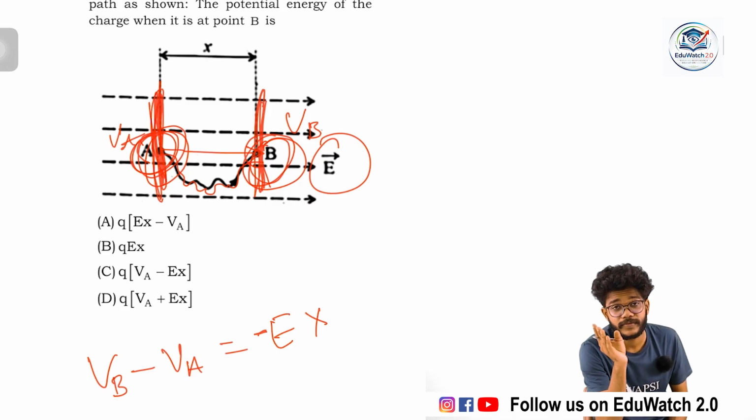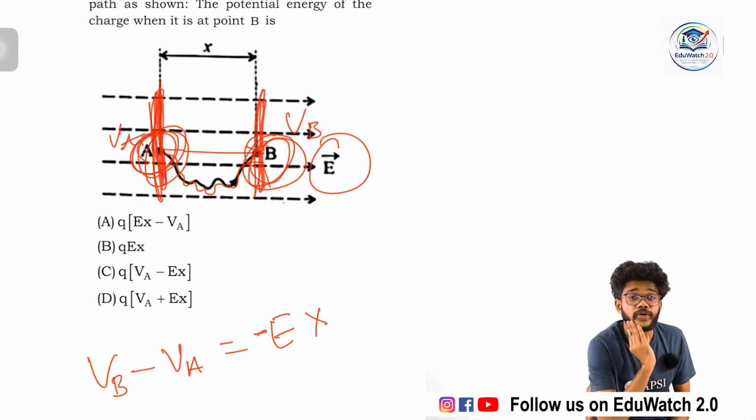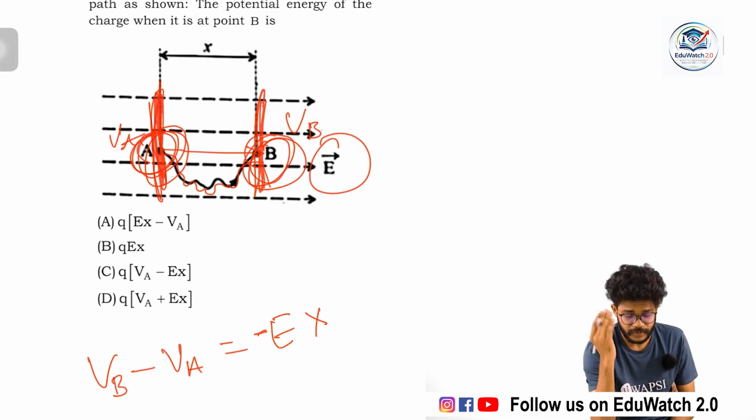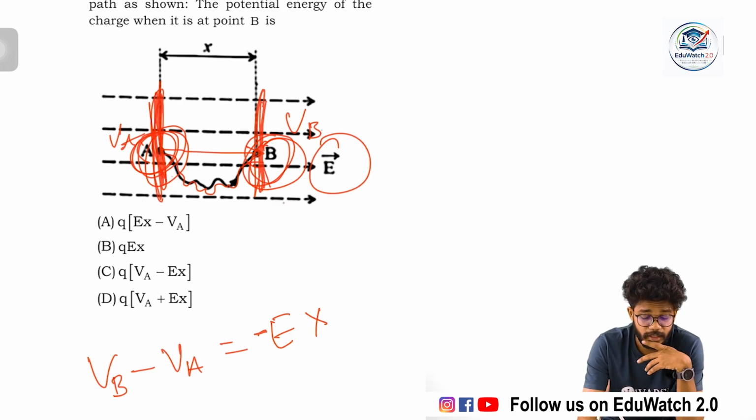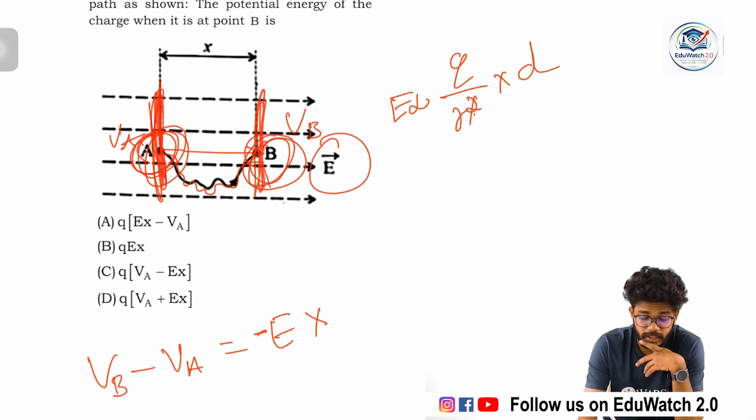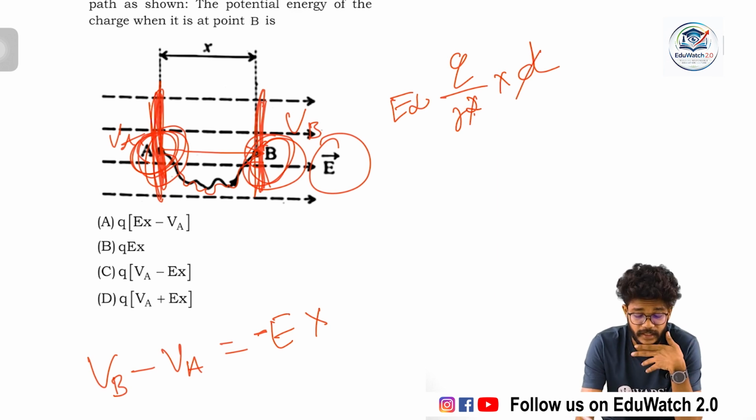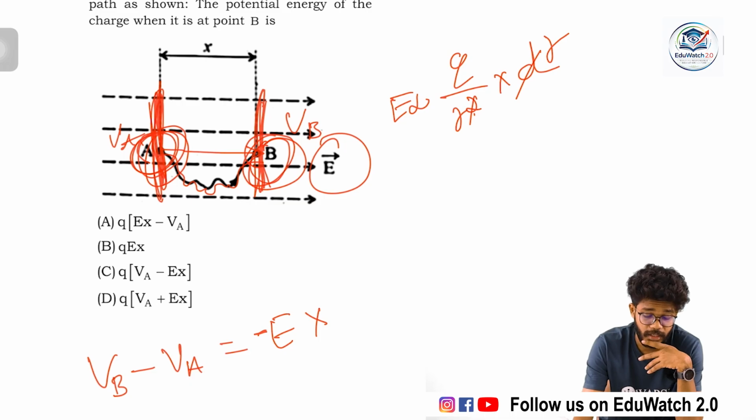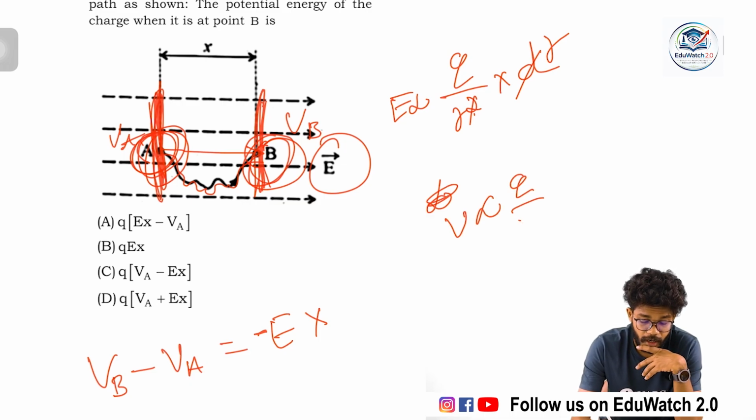The electric field is proportional to Q by R square, and multiplied by a distance R, the power cancels. So the potential is proportional to Q by R.